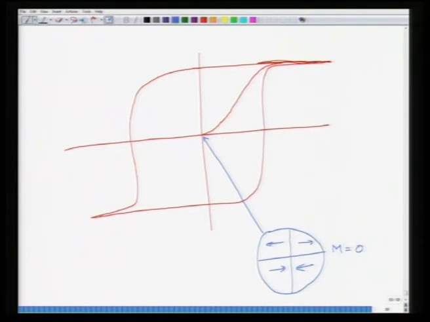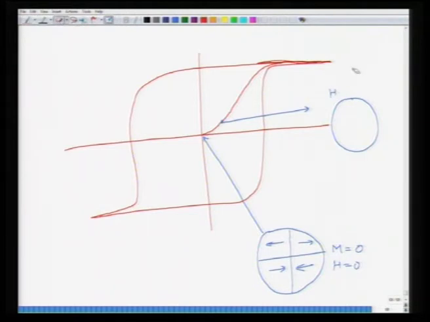Now, what happens in these materials is that when you start applying the field, so let us say initially the field is always in this direction. So, let us say this is when H is equal to 0. Let us take somewhere around this point. So, the field is in this direction, and for the sake of illustration, I will make the field slightly in a different direction.